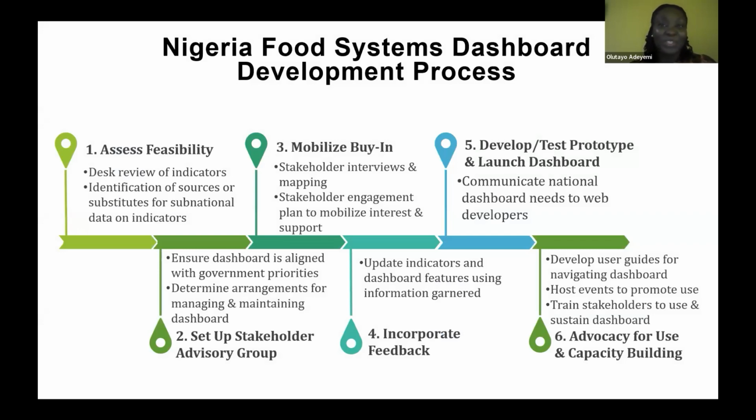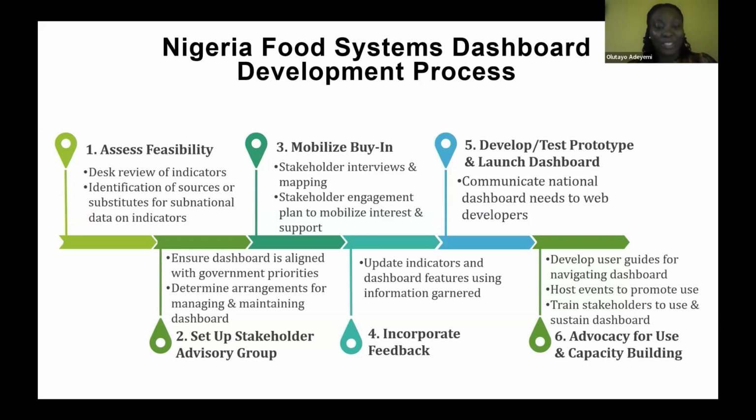So the process by which Nigeria developed the country food systems dashboard was first to assess the feasibility. When we said it's a good idea to have a subnational food systems dashboard, the first question people asked was whether data is available, because the dashboard doesn't collect data, it uses existing data.